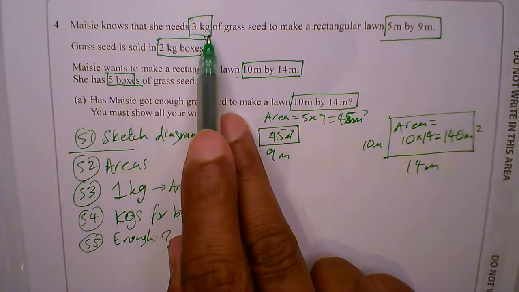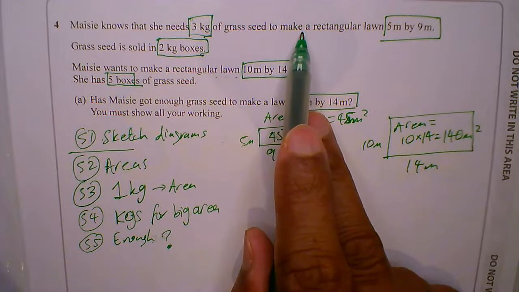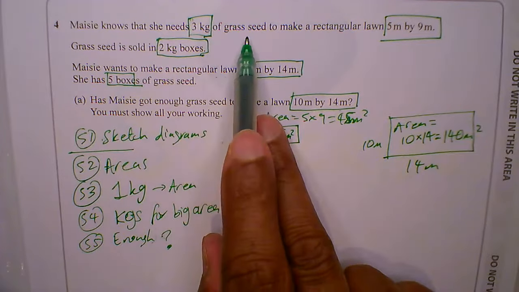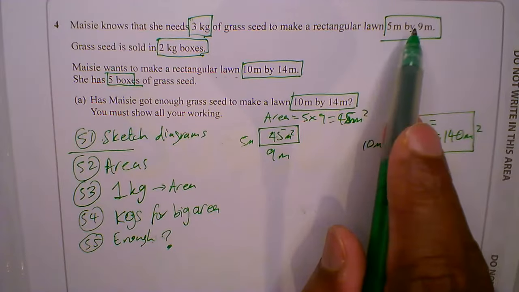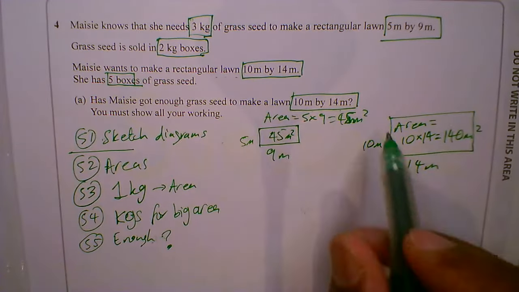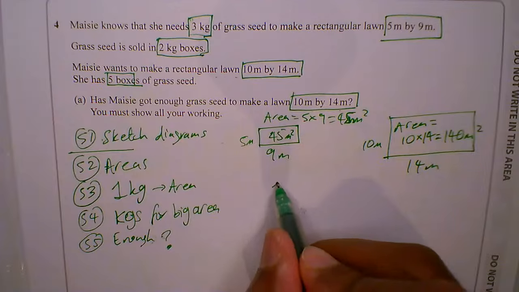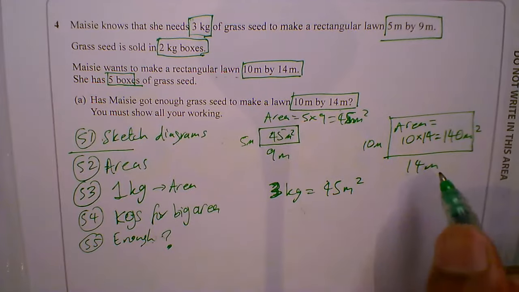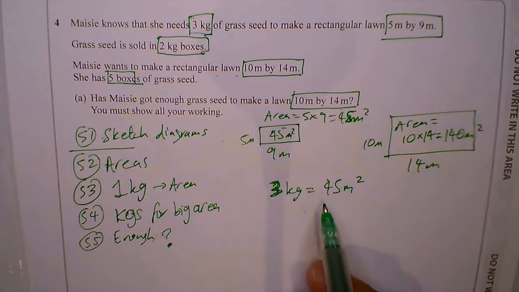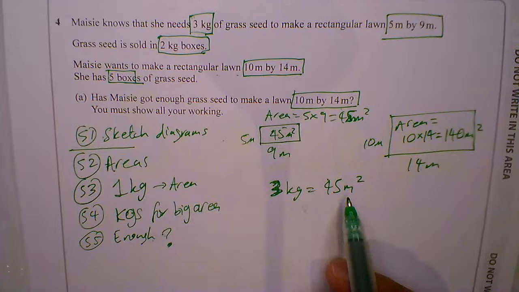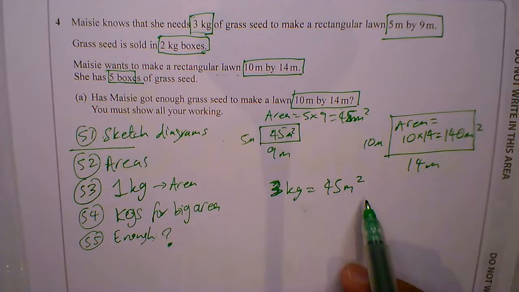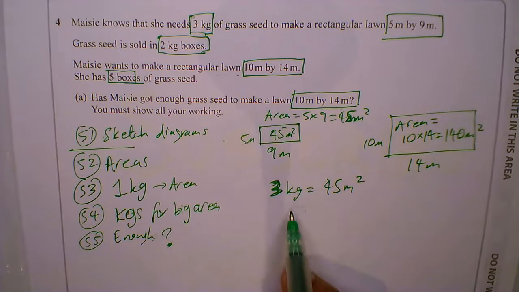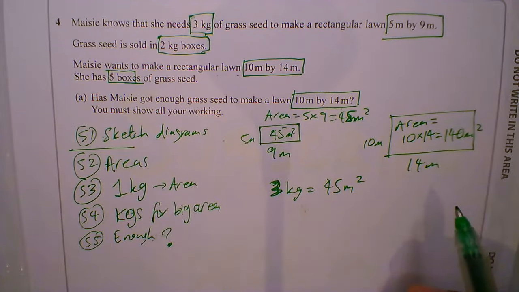Macy knows that she needs 3 kilograms of grass seed to make a rectangular lawn of 5 by 9. So 5 by 9 makes 45. So 3 kg equals 45 meters squared. So now that I know what I have, I can then get to 1 kg, if you like.